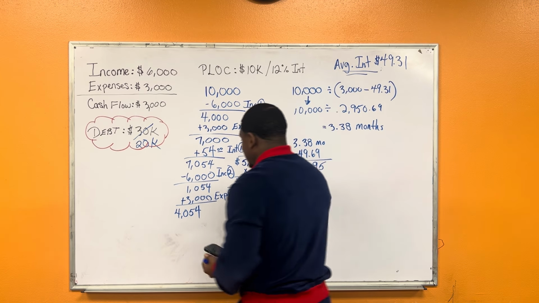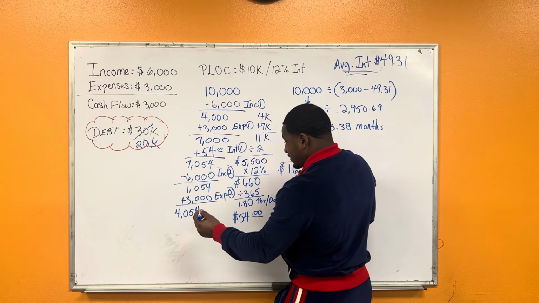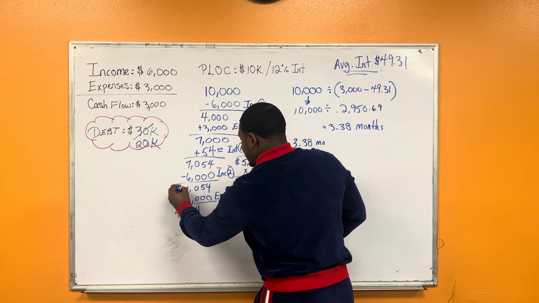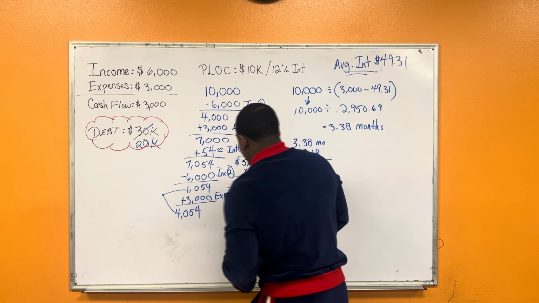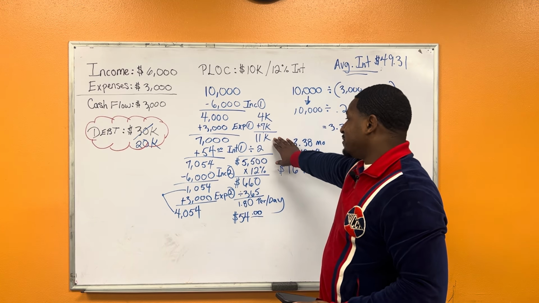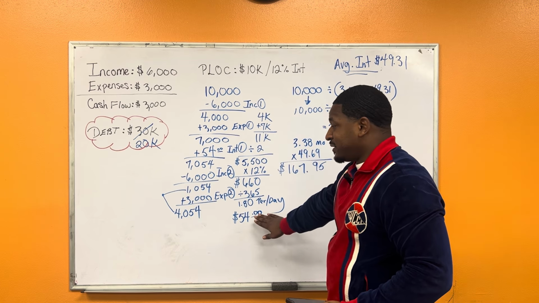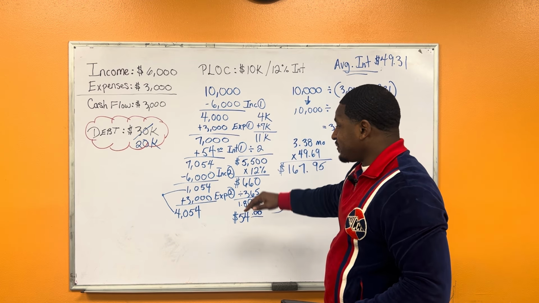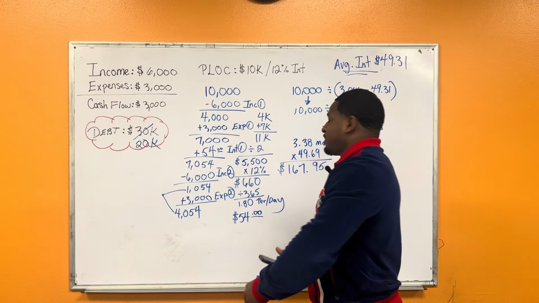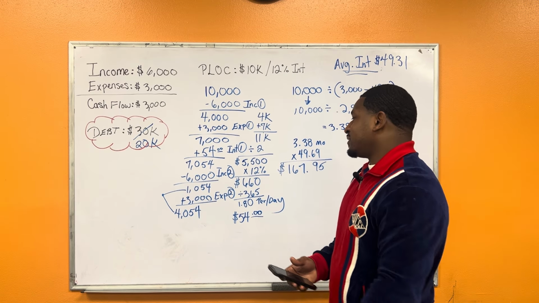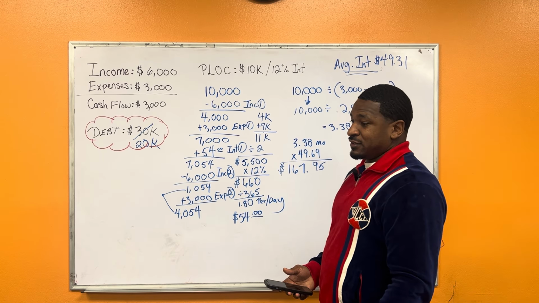$4,054. So what you will do is you will get this number and that number and do the exact same thing of what I did with the first month, right? Getting the high, getting the low, divide them by 2, multiply by the interest, divide by 365, and then multiply by 30.